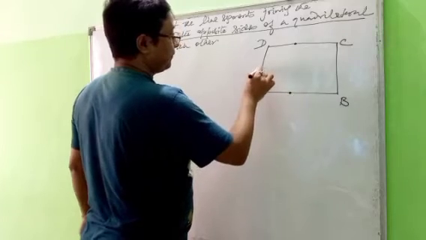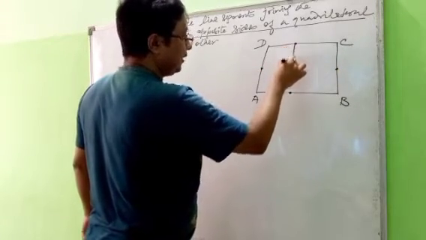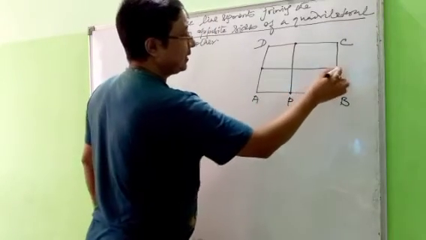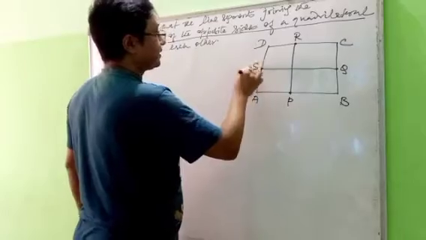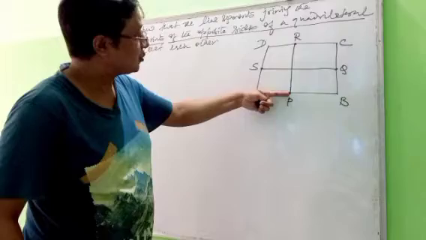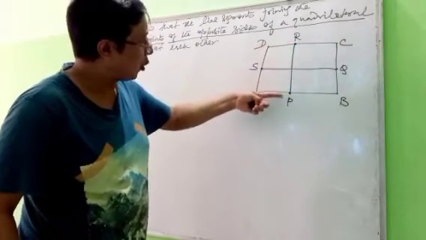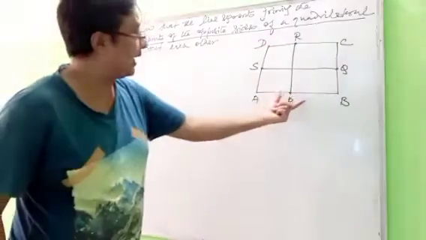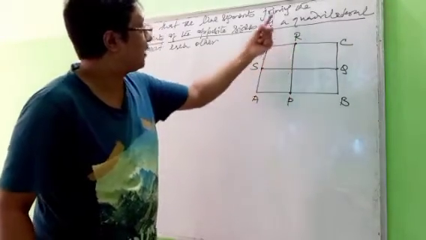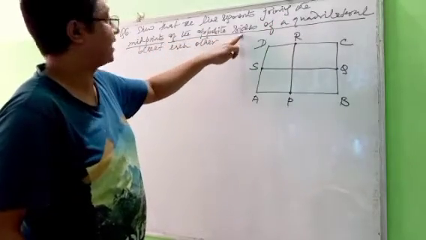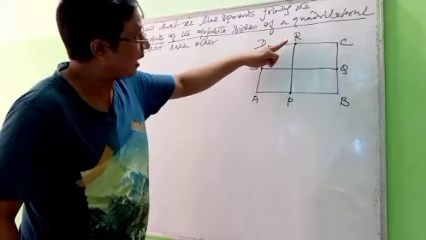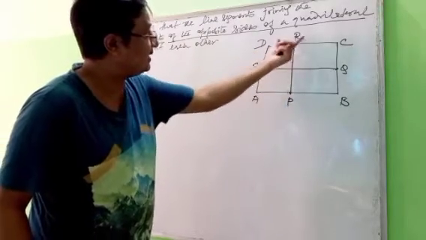So here you join these segments. Let us take P, Q, R, S. Now these are the two line segments. PR joins two points on the opposite sides AB and DC, where P and R are the midpoints of AB and DC.